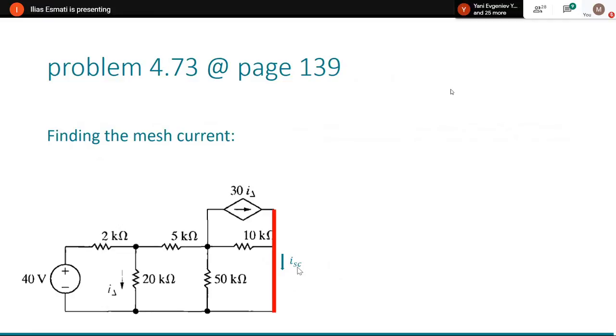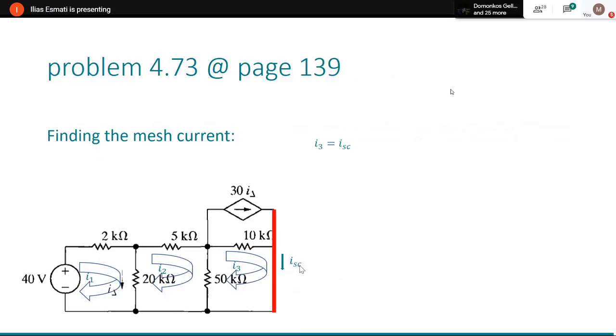Okay, so let's find the mesh current. There we have a loop there. We will call it I1. I have another loop there, and I have another loop here. Whatever current circulates in the third loop, which is I3, is exactly the same as the short circuit current.